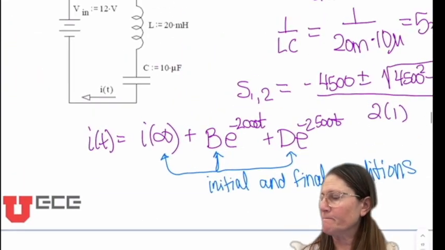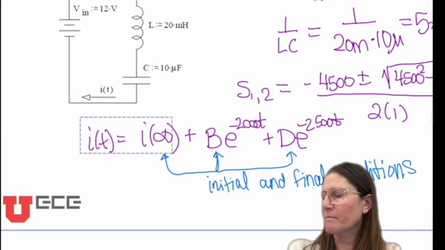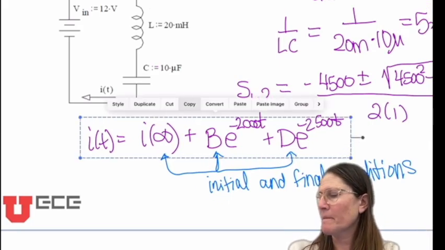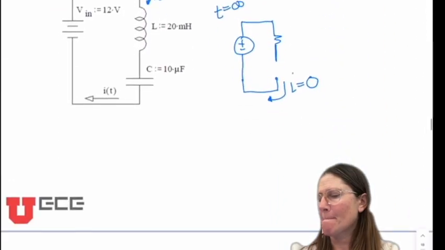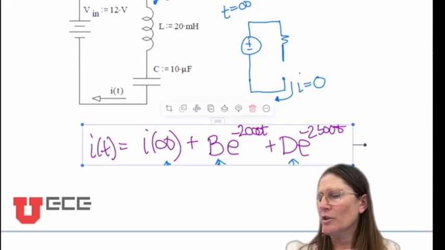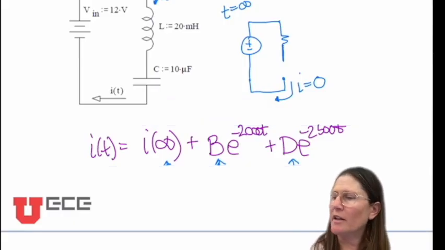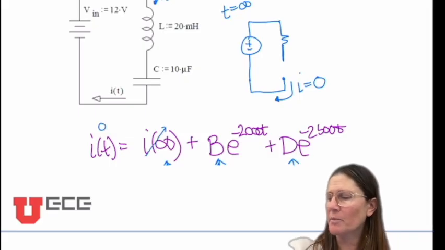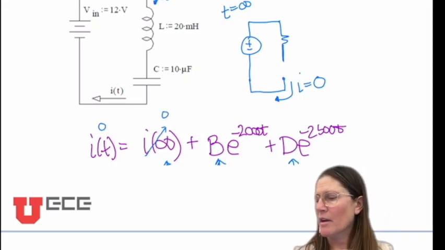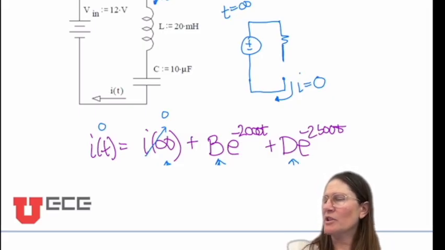So let me copy this. Looking at this, we can look at that initial time of 0. So here, if we put in 0, this became 0. And what happens to e raised to the 0? Correct, it goes to 1.